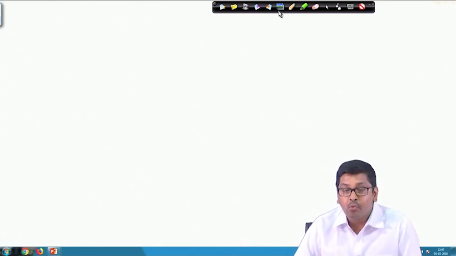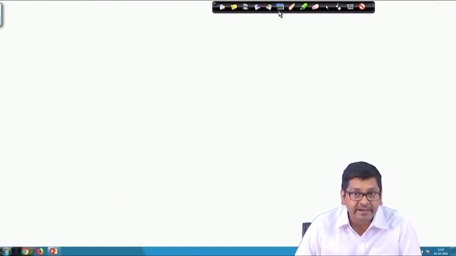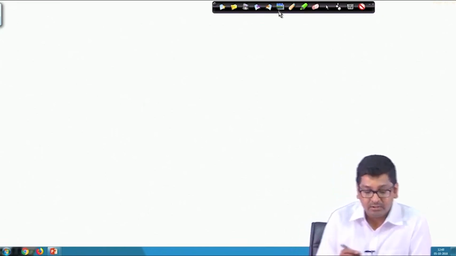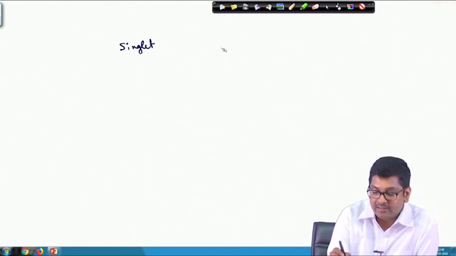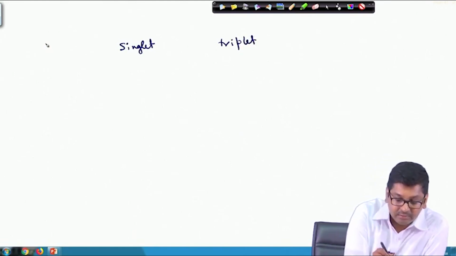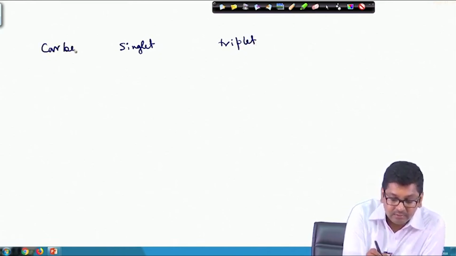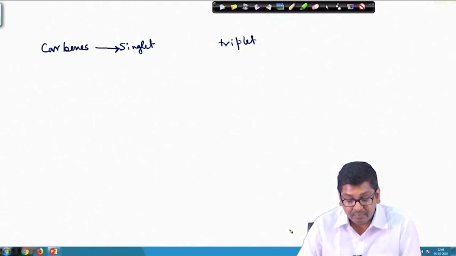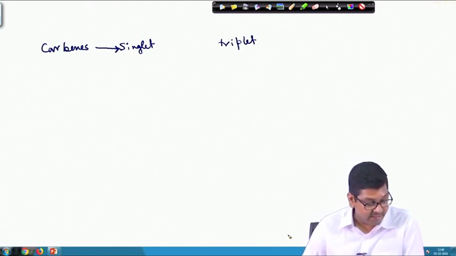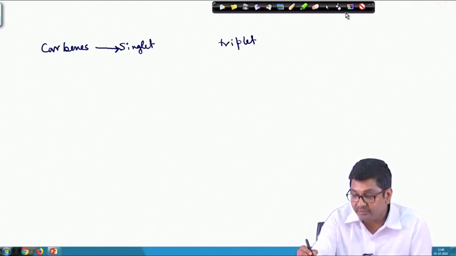From there we have classified that carbenes are of two types, one is singlet, another one is triplet. Now we will learn their structure and geometry.